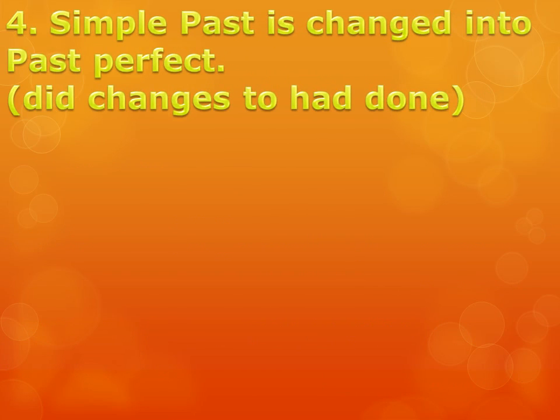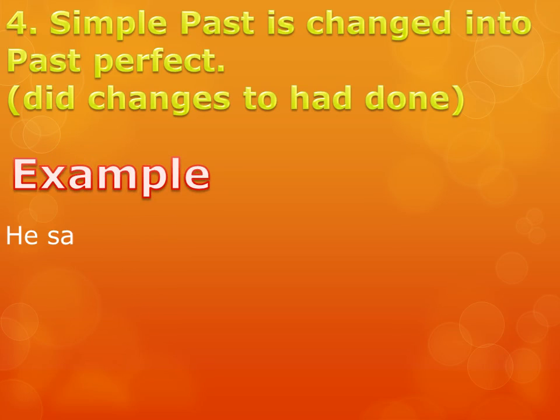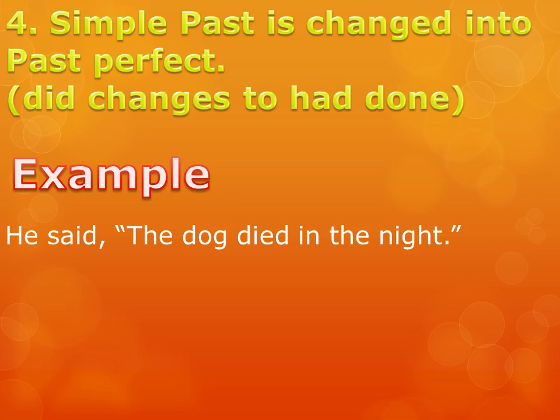Rule 4. Simple past is changed into past perfect. That means did changes to had done. Now let's take an example. He said, the dog died in the night. This is the direct speech.